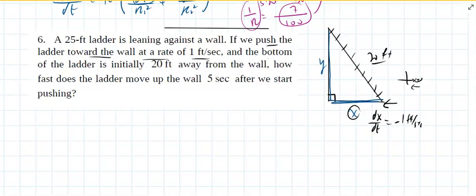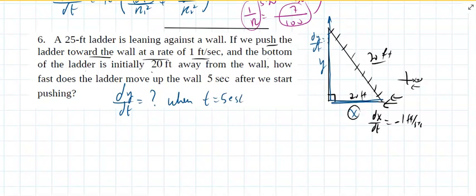And the bottom of the ladder is initially 20 feet away from the wall. How fast is the ladder moving up? When you push this inwards, obviously the ladder will start pushing up. So that's dy/dt. That's what we're looking for. We want to know the change in the height of the ladder when 5 seconds have passed.